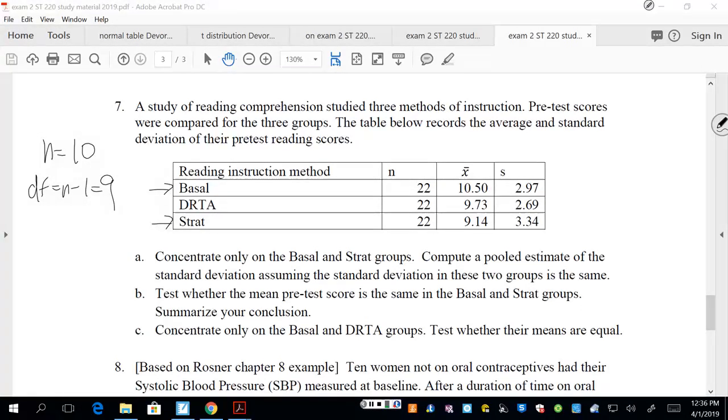Compute a pooled estimate of the standard deviation, and test whether there's an average difference. The fact that it gives you 2 averages and 2 standard deviations, and doesn't mention matching, means there's no average difference or standard deviation of differences, so it can't be done as paired. Okay. Perfect.